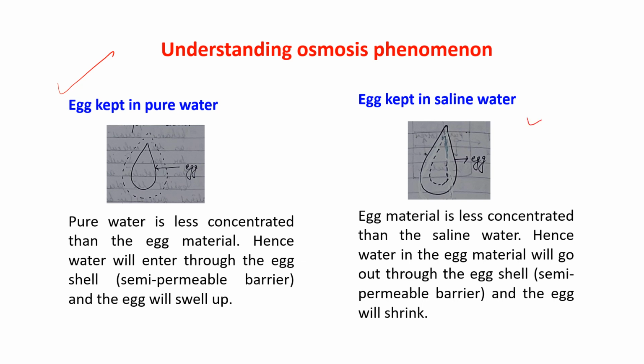And in the second case, what is happening? The egg material is less concentrated than saline water. Hence water in the egg material will go out through the eggshell, which is also acting as a semi-permeable membrane, and the egg will shrink.